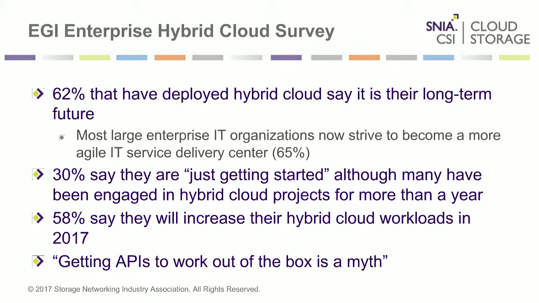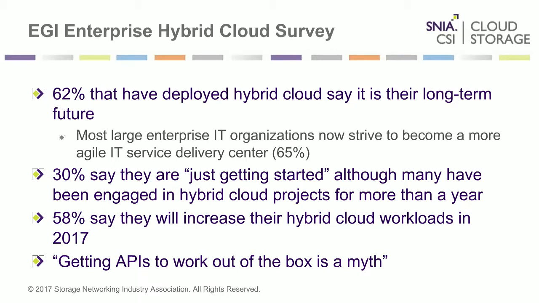One of my interview candidates said that getting APIs to work out of the box is a myth. Everybody, when they work with APIs, has to customize them. It becomes a project within DevOps, for example, and people are constantly working to customize, update and maintain APIs to put these projects together.